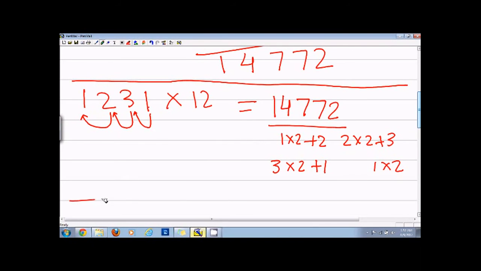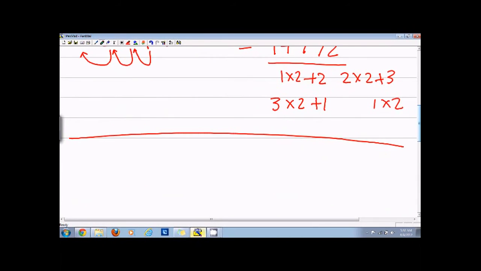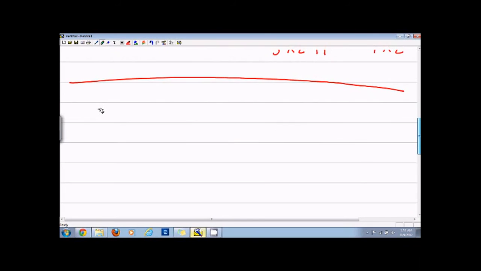Let's take another example. If I have to multiply 1, 2, 1 and 2 by 12. Let's do it again.